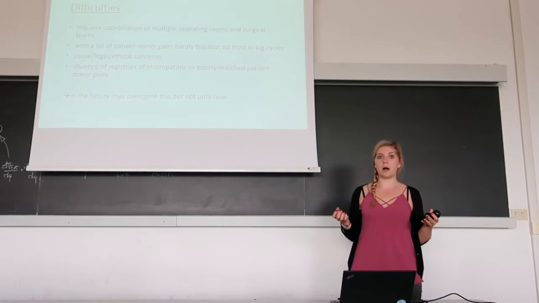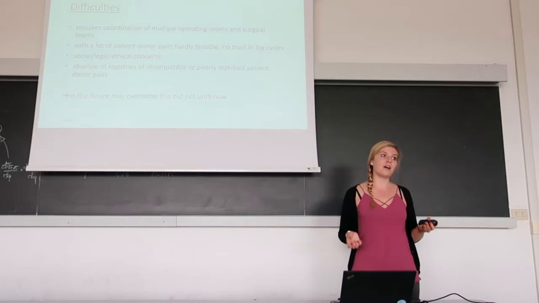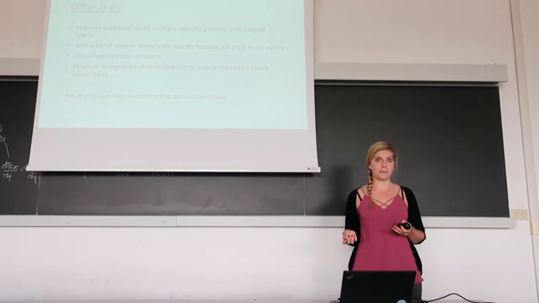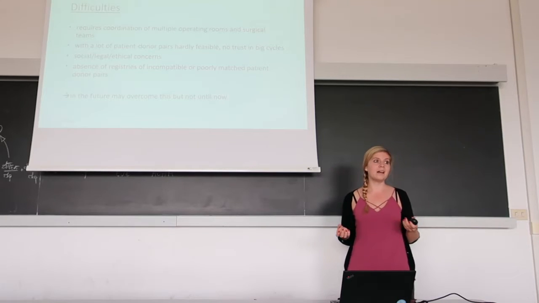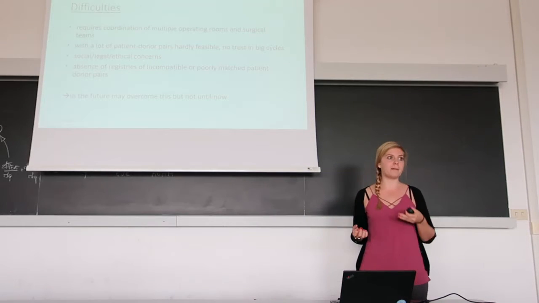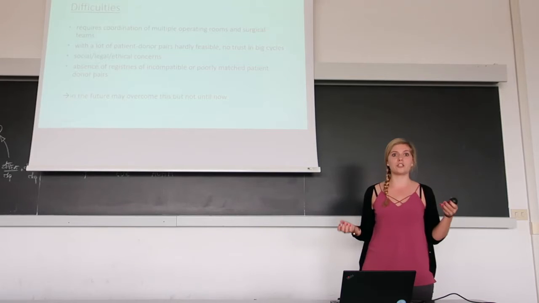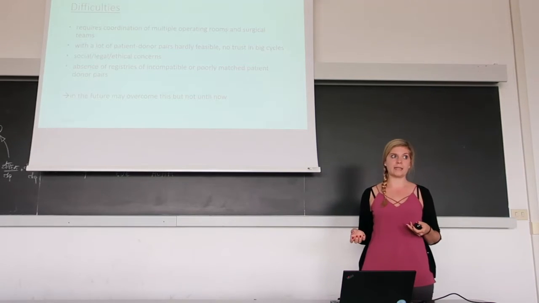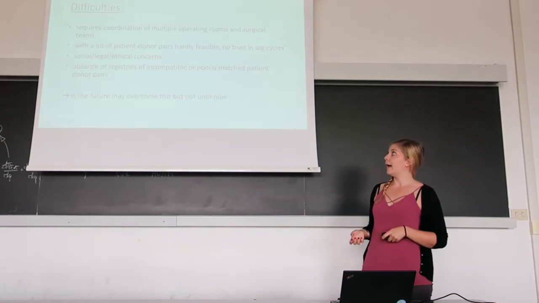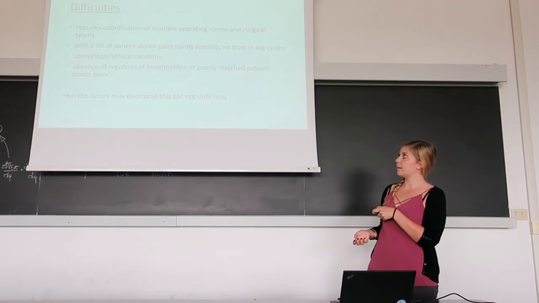Otherwise, people could drop out, and this is maybe not feasible with a lot of patient donor pairs. And also, maybe the trust in this mechanism could be not that high if we have a lot of patient donor pairs in the system, and if I don't trust it, I won't even participate, and then these efficiency gains will drop out.